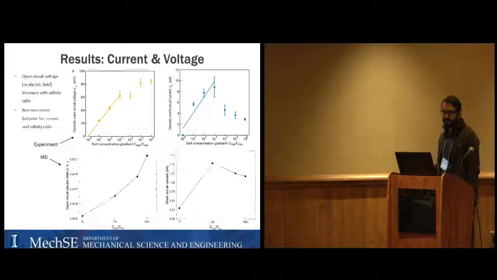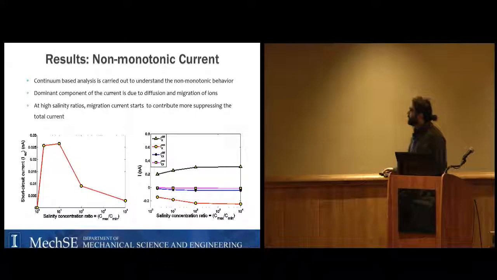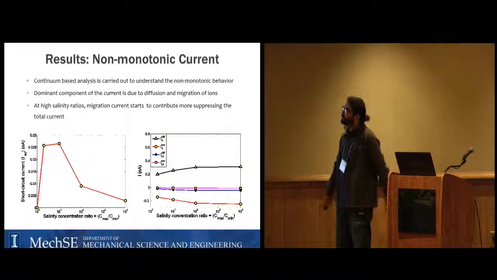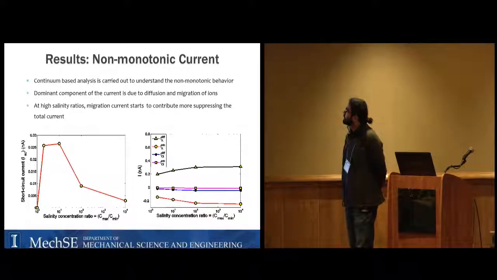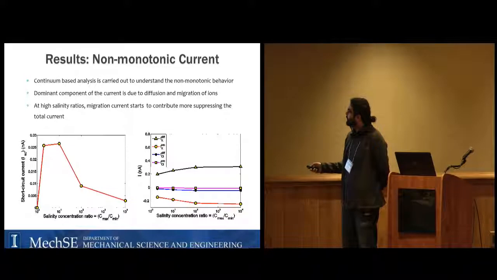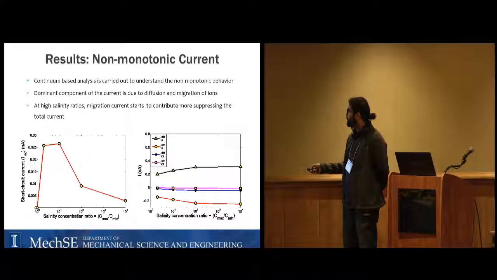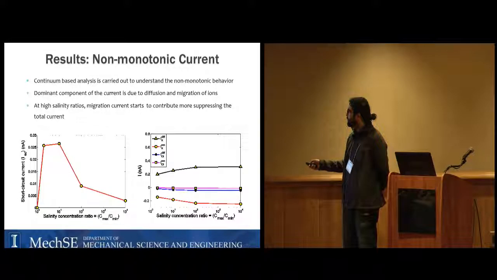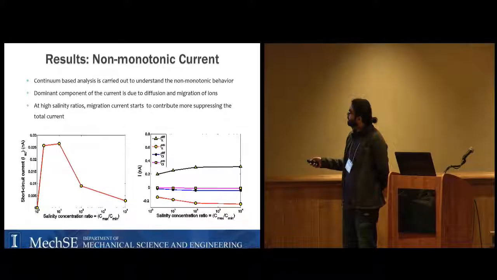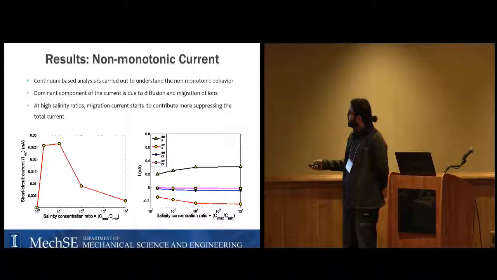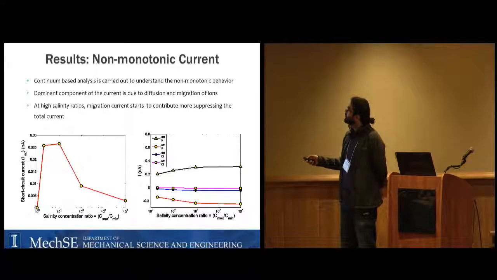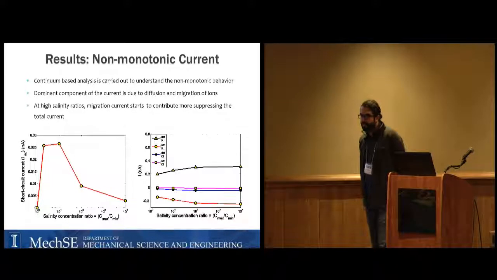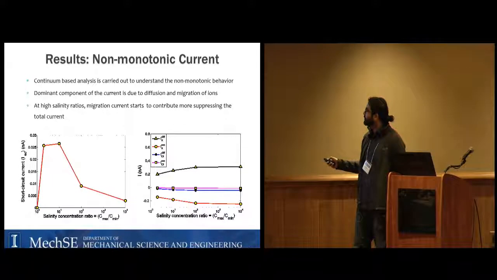To explain that, we decompose the current into diffusion and migration of ions. What we found was that when we increase the concentration ratio, in this plot we have different components of currents, the migration effect contributes more to the current, and that actually suppresses the total current.